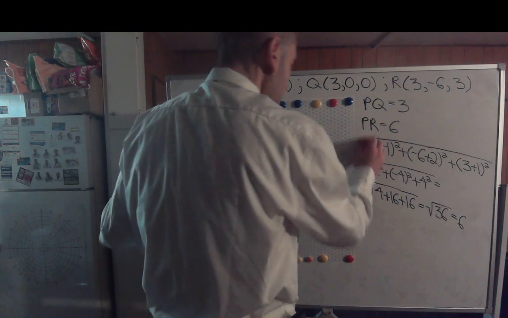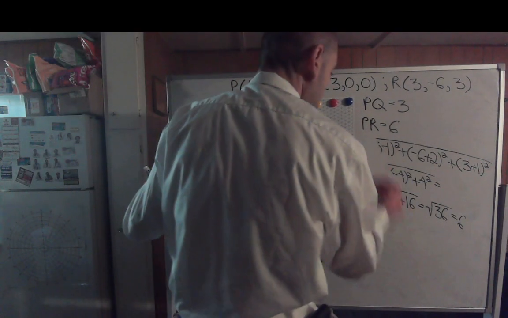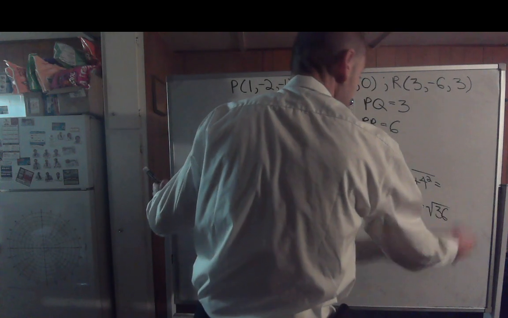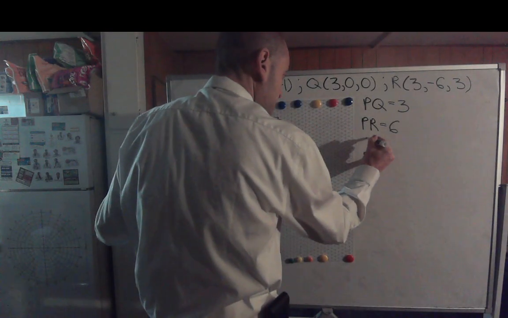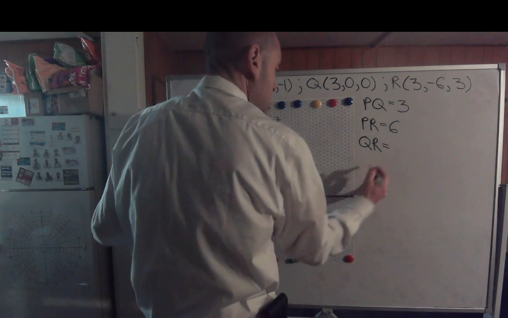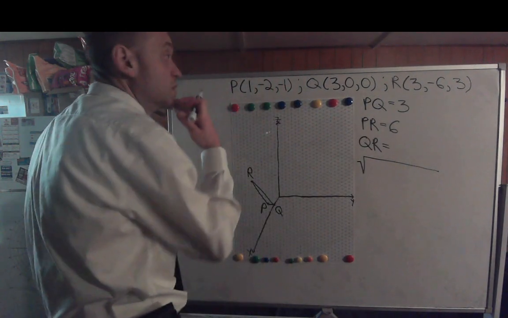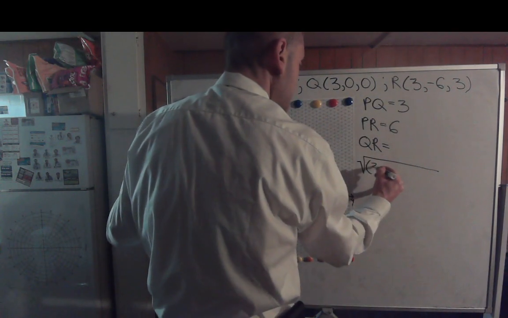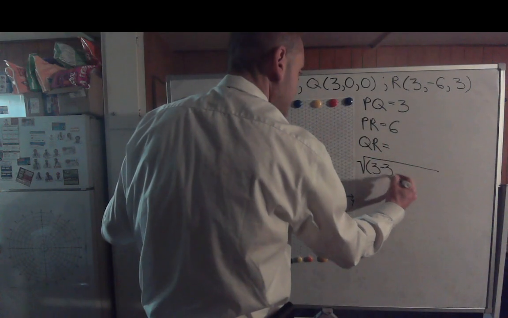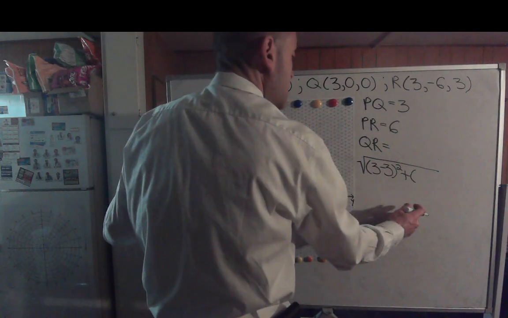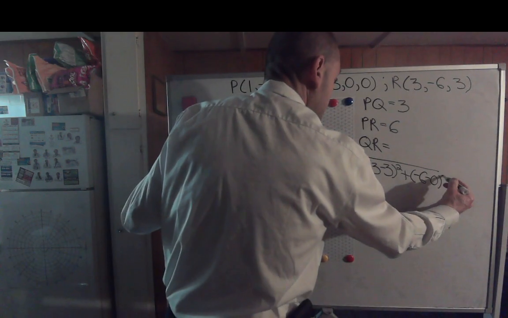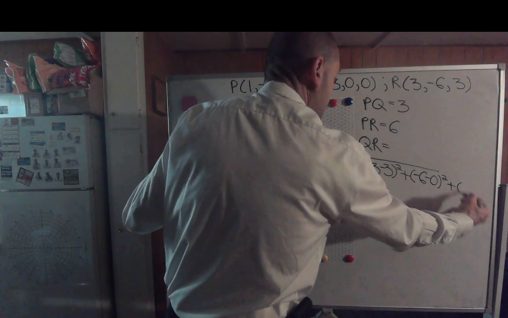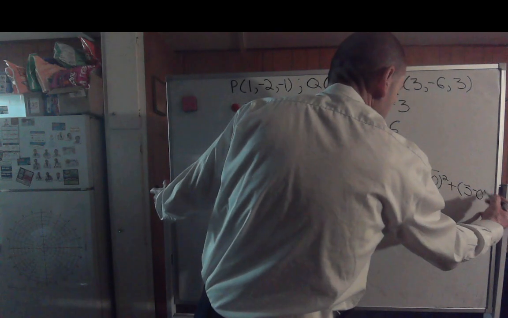Now, the only other side to find is QR. So let's find the distance between points Q and R. So our x2 is 3 minus our x1 of 3, so 3 minus 3 squared, plus the y2 of negative 6 minus the y1 of 0 quantity squared, plus our z2 of 3 minus our z1 of 0 quantity squared.